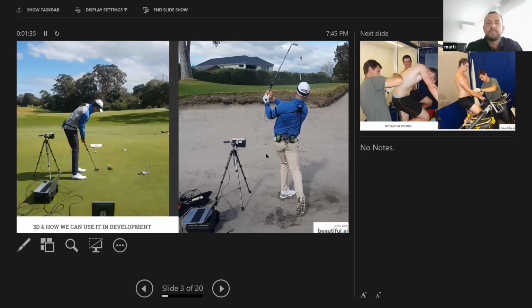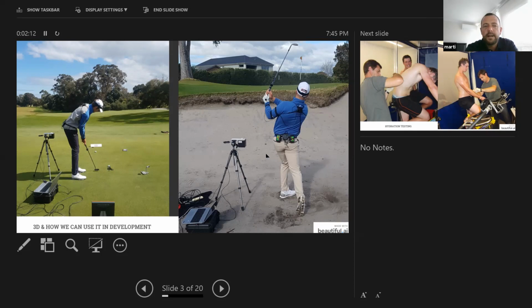I think the important part about any type of measuring device is actually understanding what it measures. There are a lot of devices out there, whether it's a TrackMan, FlightScope, or different 3D systems, and it's important for the user to have a better understanding so we can ask better questions, and vice versa for the athlete or players to ask better questions coming back, so we're quite clear on what it measures and how it measures it. I know that can be quite technical, but from a broad point of view, I think it's important.